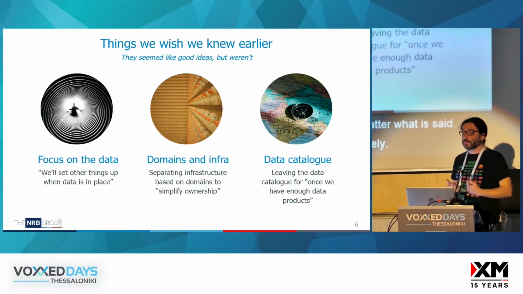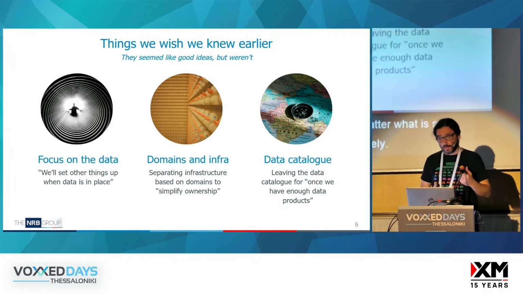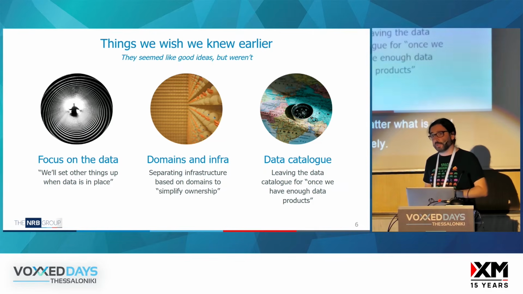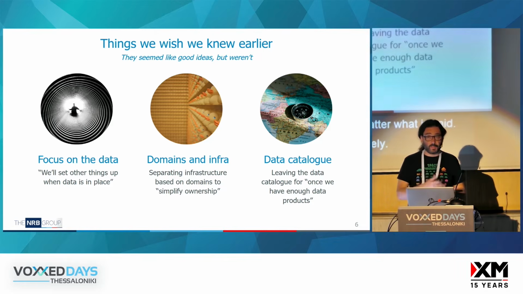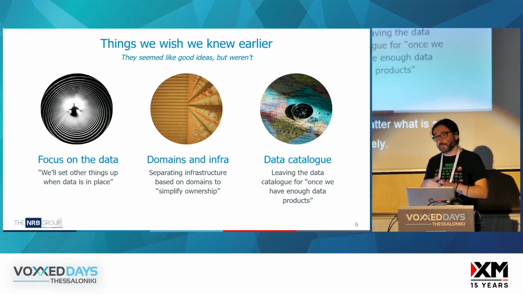What we wish that we knew when we started: it seemed initially that these were good ideas. We're data engineers at heart, so we started focusing on the data. No, the data product is much bigger than that. You shouldn't focus only on the data. Of course, data are the meat in the meat and potatoes dish, but this is far greater in how you should approach it.